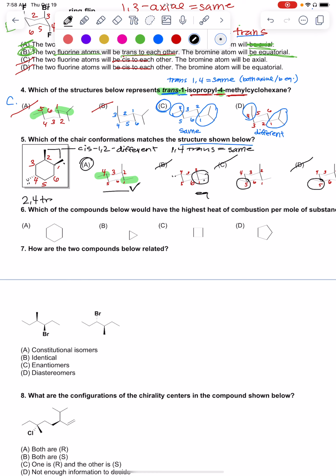And they're trans. They'd have to be, let's see, 1, 3, 5 trans is different. And so that makes sense. We're now looking at these two. And so we can look at 2 and 4. 2 and 4 are different. 2 and 4 here are not different on B. So again, I like A. A is my answer.